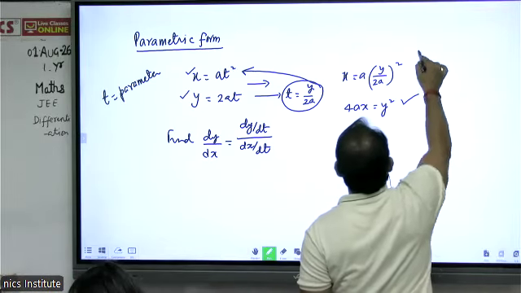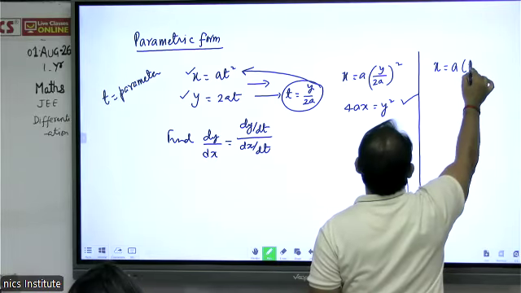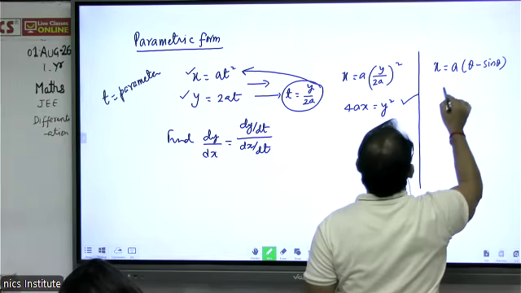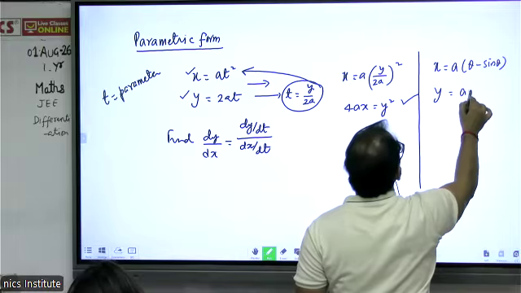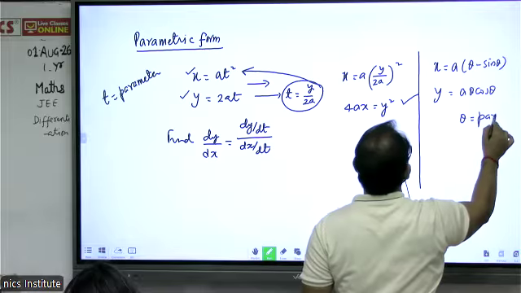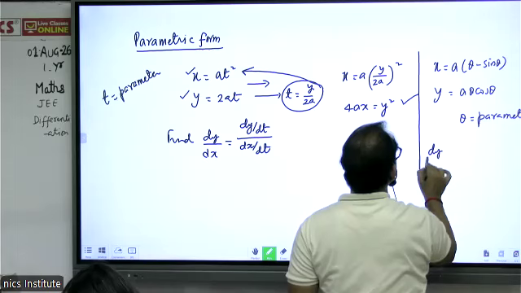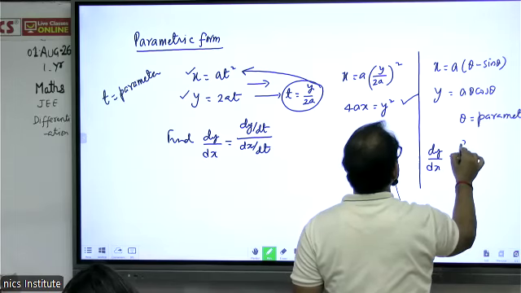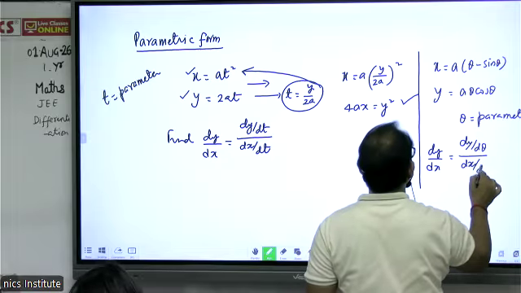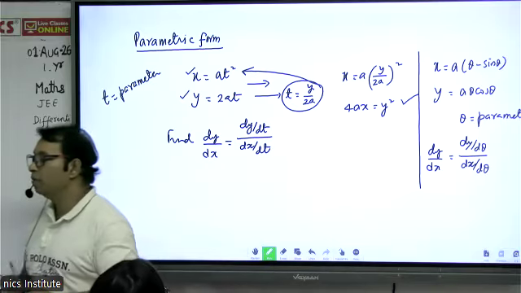It may be possible sometimes you've been given a parameter other than t also, like x equal to a theta minus sine theta and y is equal to a theta cos theta. This time theta is a parameter. So in case you want to find out dy by dx, all you do is find dy by d theta divided by dx by d theta. So this is when you differentiate a function in parametric form.